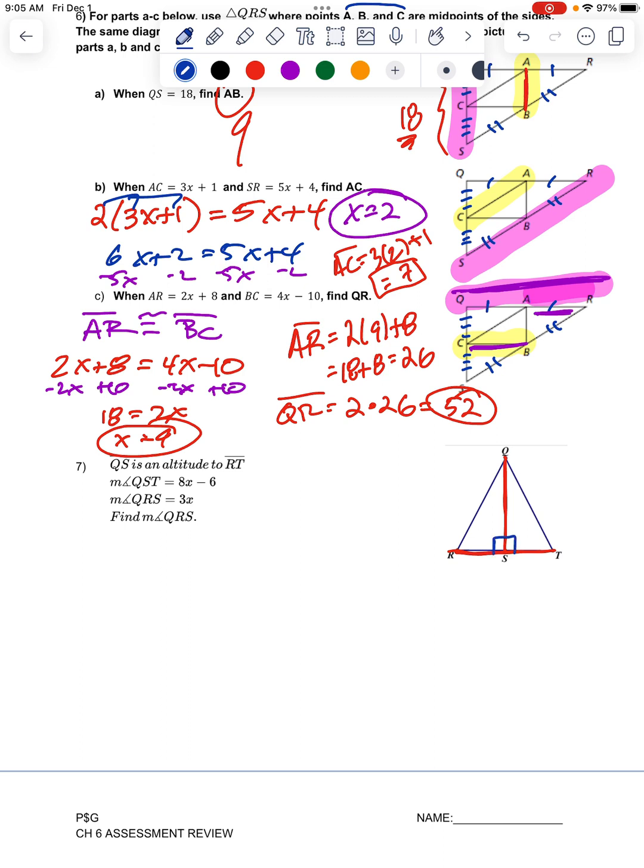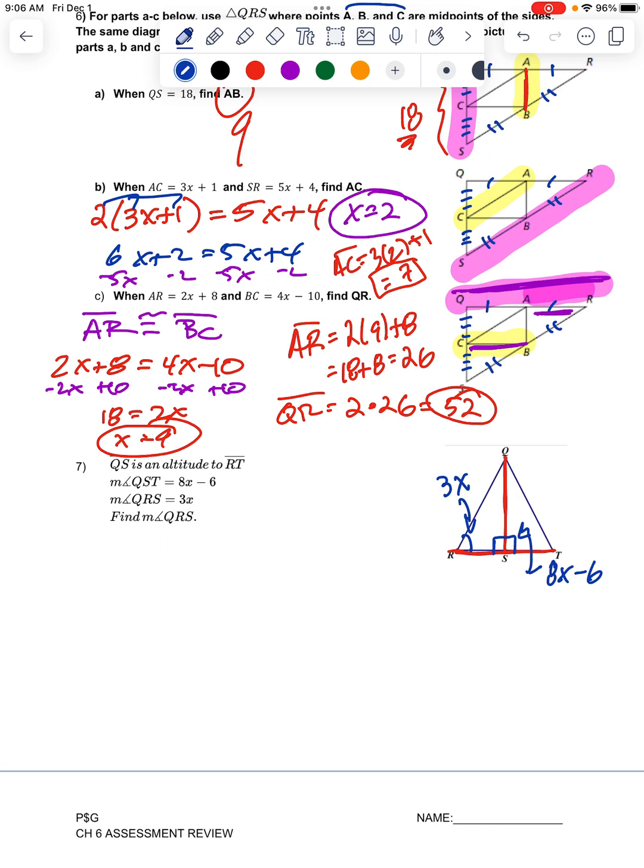Perpendicular means I have two right angles. It says QST, so this angle right there is 8x minus 6, and it says QRS, which is this angle here, is 3x.